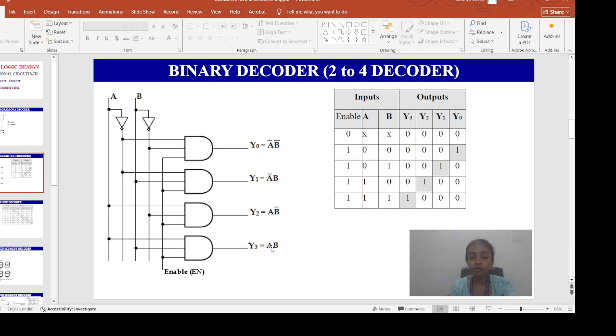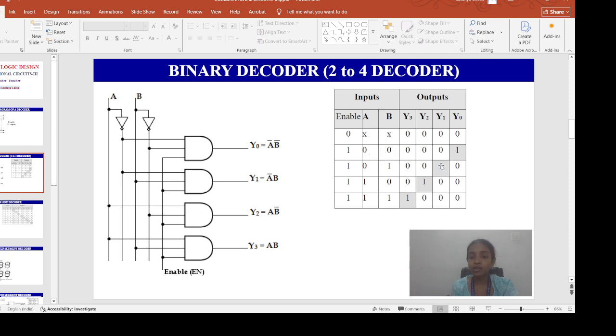So what we can see here is that if the enable input is 1, then only one of the outputs from Y0 to Y3 is active for a given input. The output Y0 will be active when both the inputs are 0.